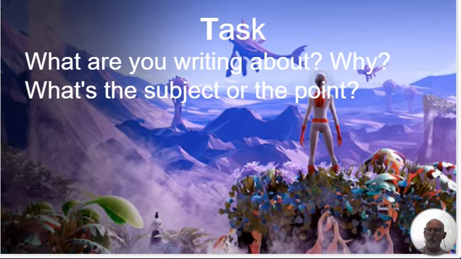So what are you writing about and why? In our case, we are writing about visiting an alien planet. But why? The answer why we will see in a moment when we have a look at our last letter in RAFTS. But the why will also be determined by your audience and who you are in your role.